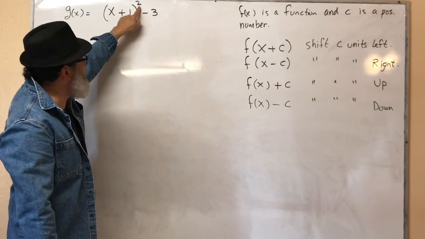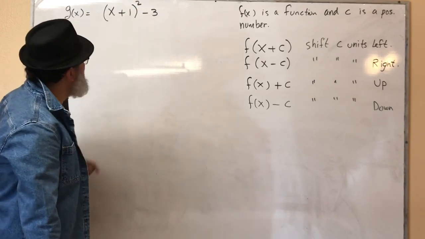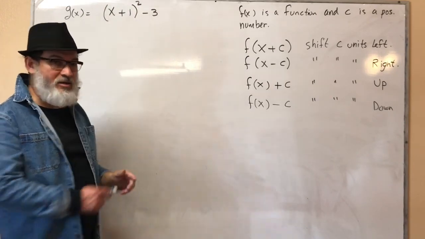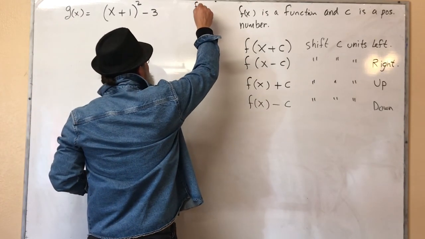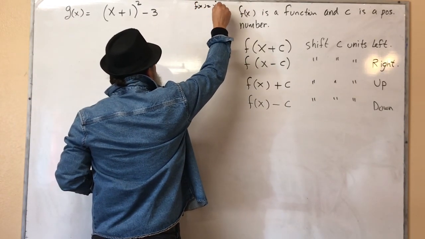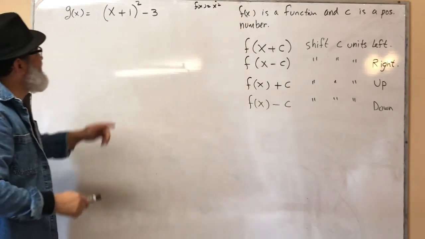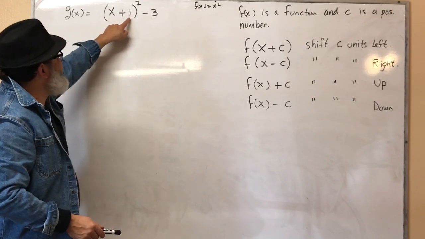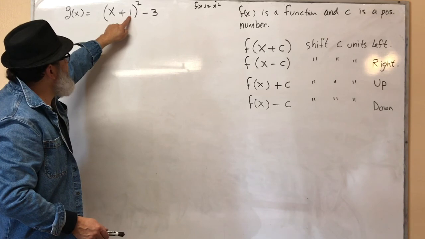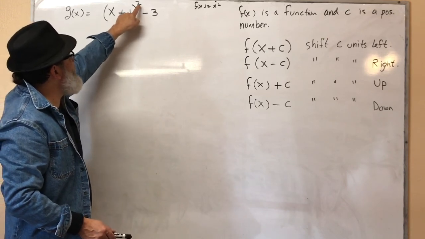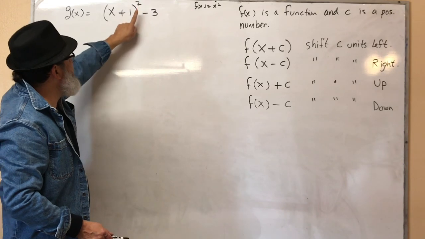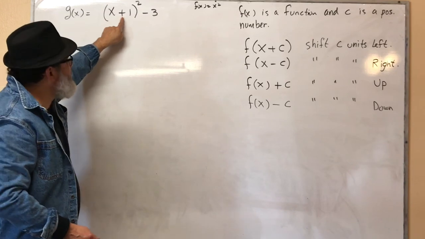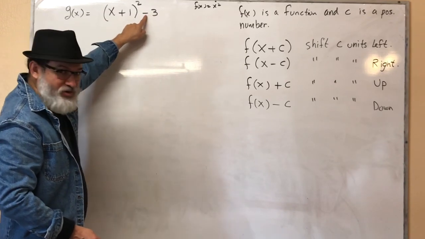So this is the parabola that we graphed earlier, f of x equals x squared. And this 1 is being added to the argument. So this 1 tells me that I'm going to shift the basic parabola 1 unit to the left, 3 units down.